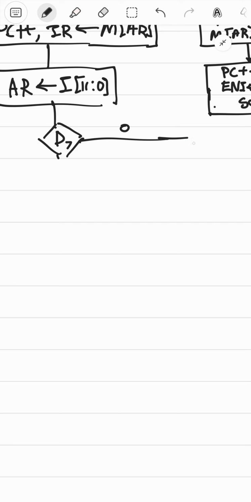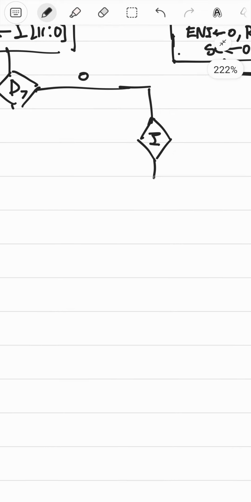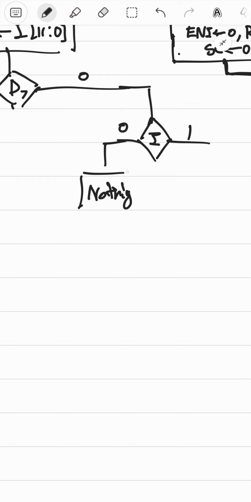So if it's 0, in that case it's not that. Then you go to this I thing, which I told you was for direct or indirect referencing. So once again 0 or 1. If it's 0, then you do nothing and just proceed.